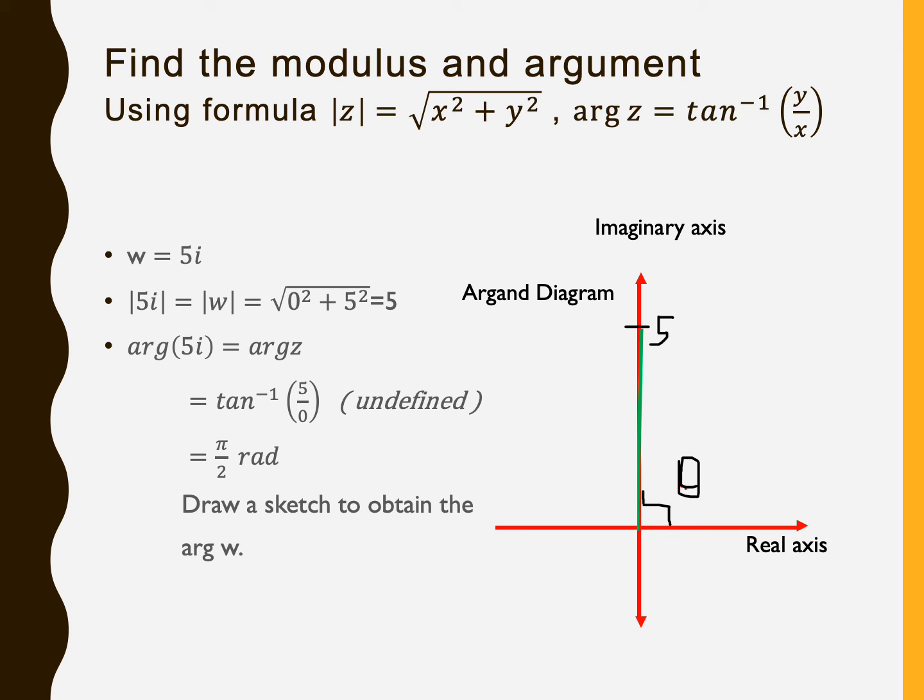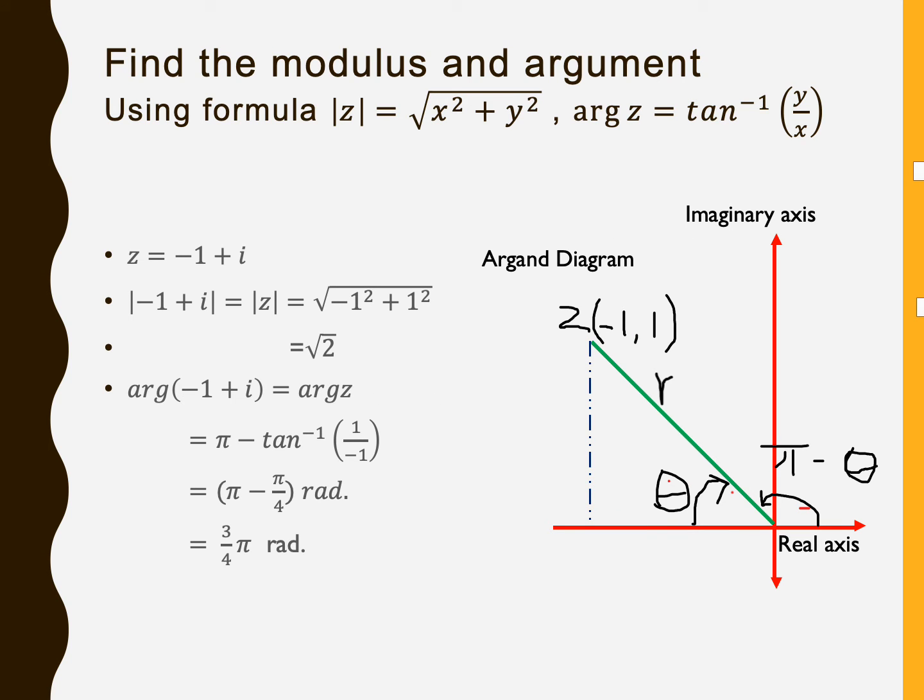To find the argument w, that is equal to arctangent y over x. So we obtain arctangent 5 over 0, and 5 over 0 is undefined. So we need to draw a sketch to obtain the angle: argument w equals pi over 2 radians.